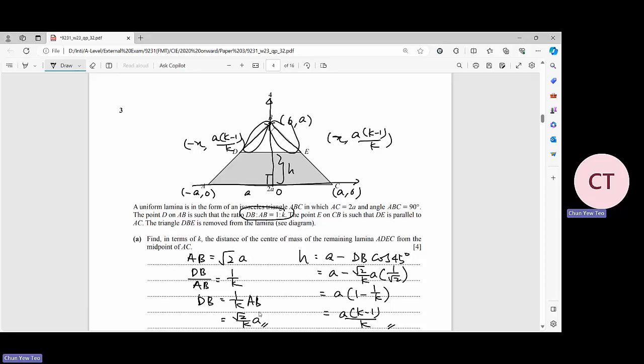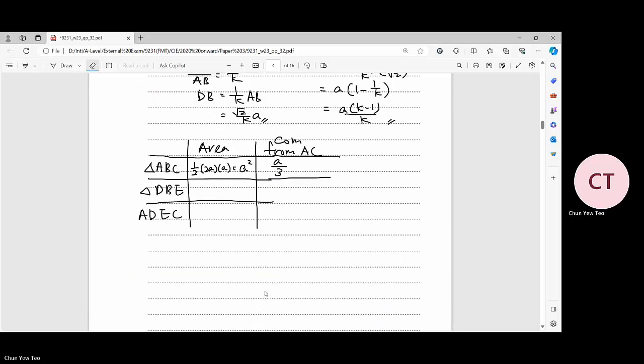Since DB is square root 2 A over K, we can write this as half times square root 2 over K times A, squared. Then you will get A square over K square. So the area of ADEC, just take the first one minus the second one, you get A square times 1 minus 1 over K square.